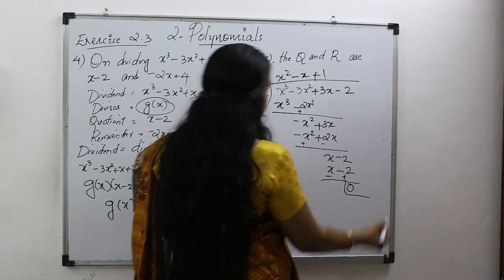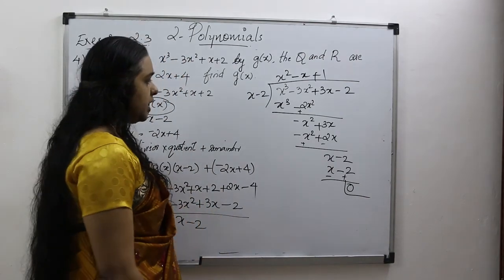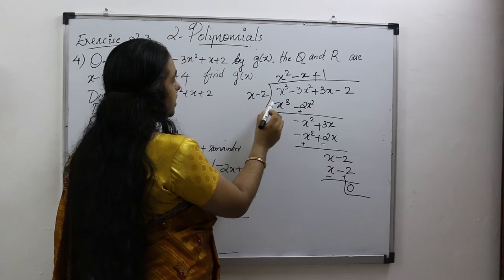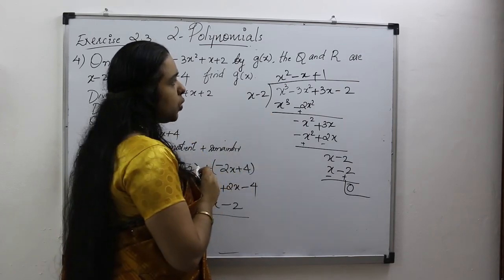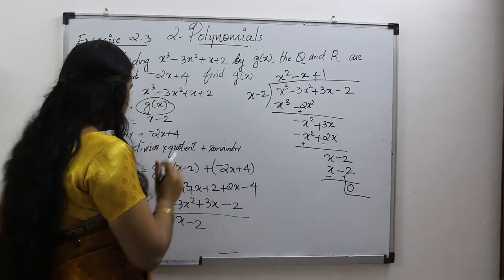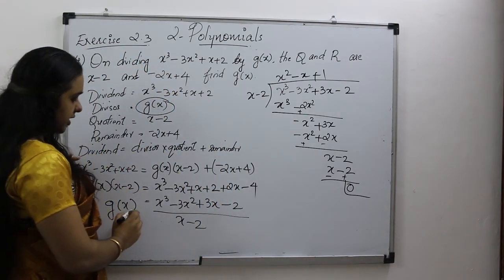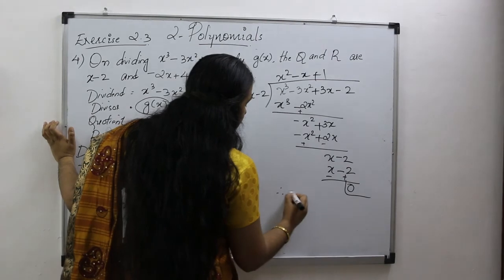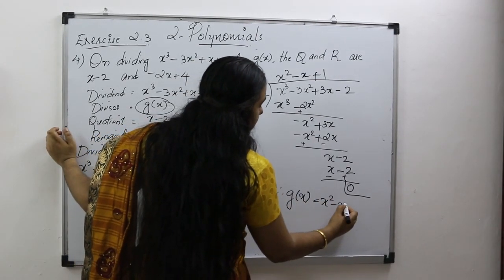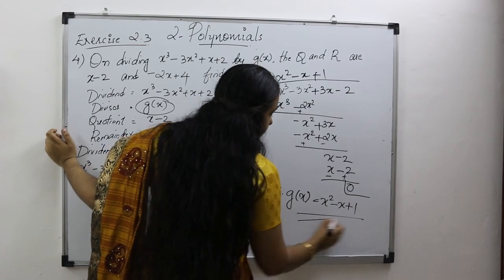So the remainder is 0. x square minus x plus 1 is the quotient when we divide these two. So g of x equals x square minus x plus 1.